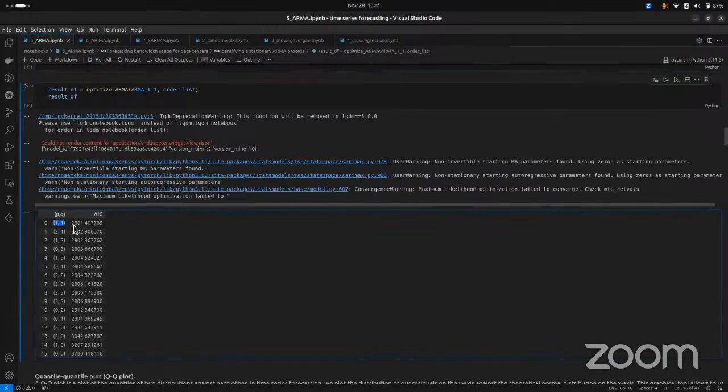So we now see that the lowest AIC corresponded to a P and Q value of 1 and 1. Because it has the lowest AIC, we're going to pick those as our parameters.